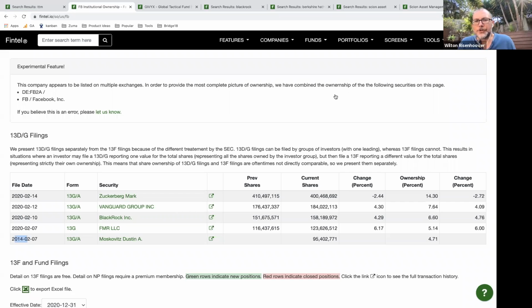In the case of reverse stock splits, how long does it take to adjust on Fintel? So we show the data that the funds disclose. We've made the choice that we don't want to modify the data that the funds have disclosed, because we don't want to be in the business of second guessing funds.